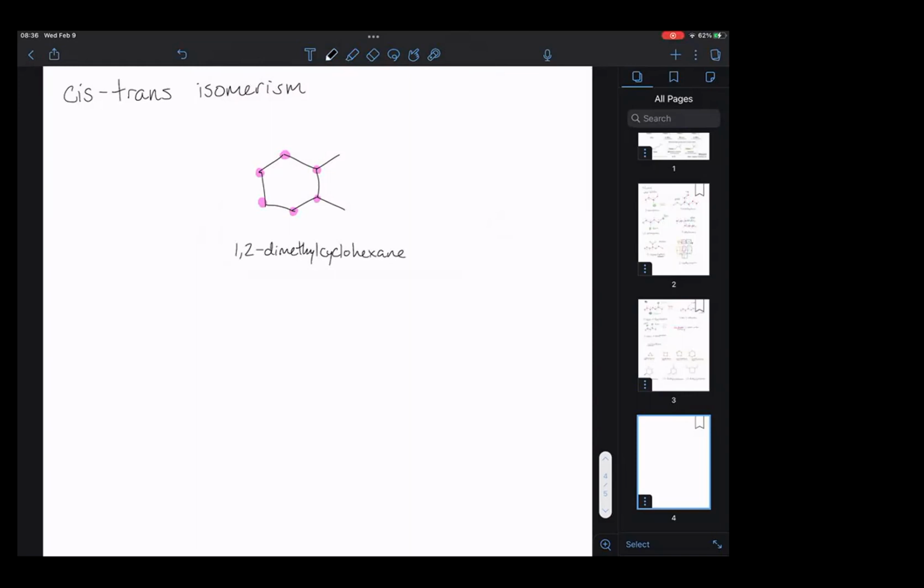So this is not pointing to exactly one molecule as drawn.